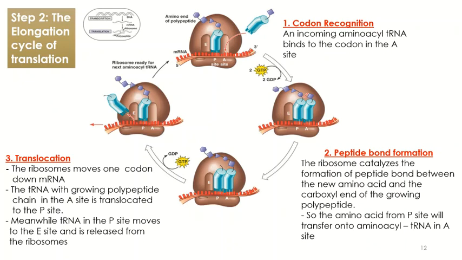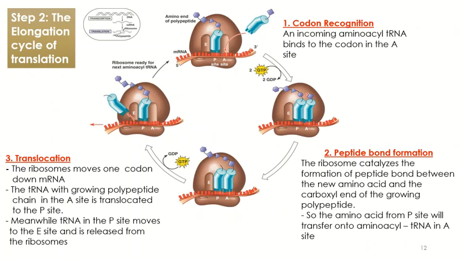Now here comes the new tRNA with its own amino acid. It will come and bind, or fill up, the A site. After that, the ribosome will catalyze the formation of a peptide bond between the new amino acid and the carboxyl end of the growing polypeptide.